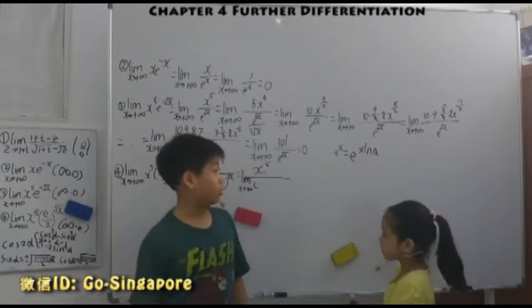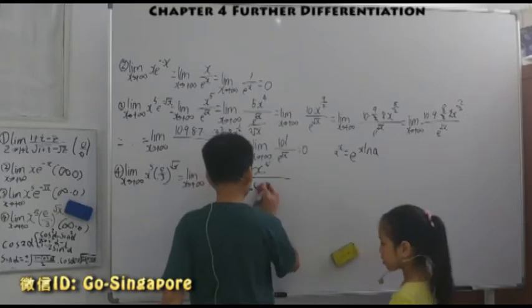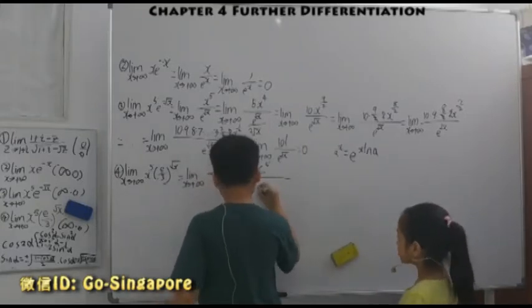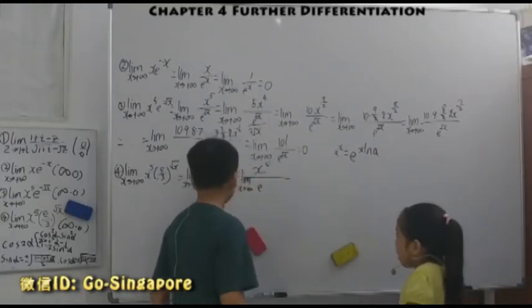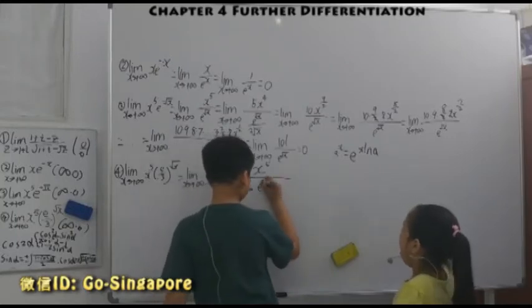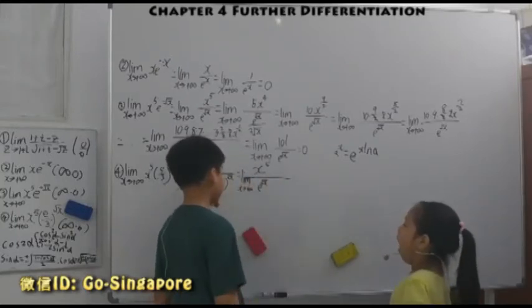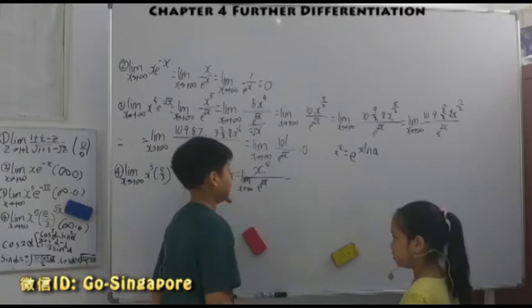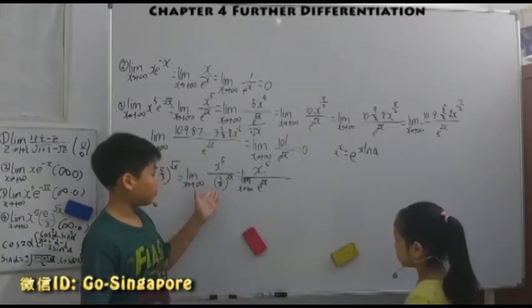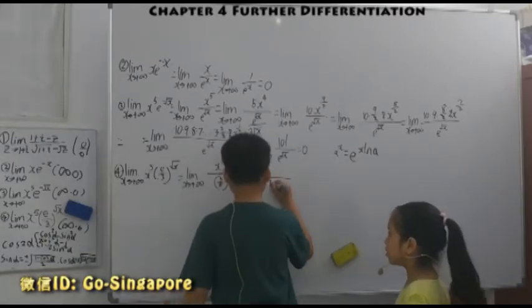Okay, so e to the power of x ln a. So let's write this in that form. e to the power of, what is the x? Square root x, right? Ln a. Ln a, what is it? 3 over e, right?